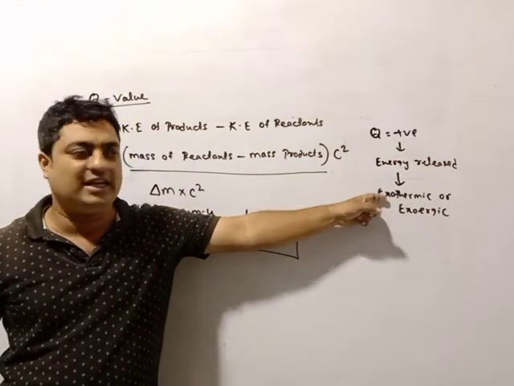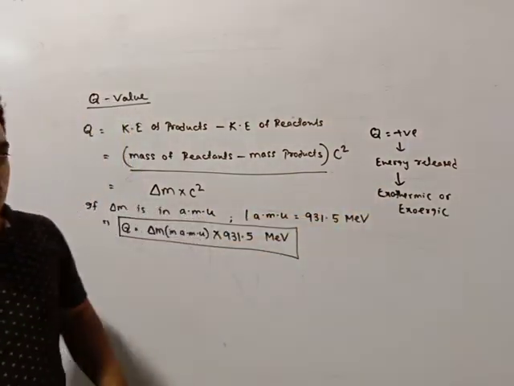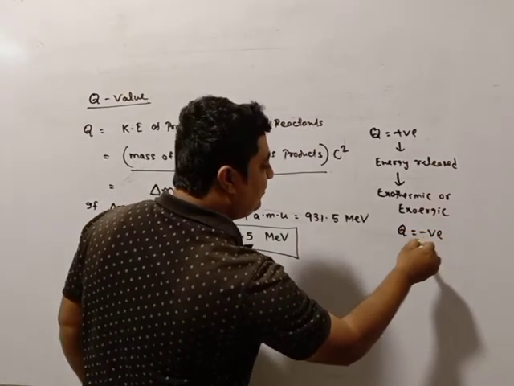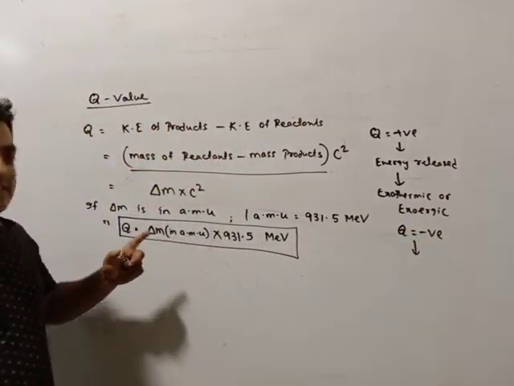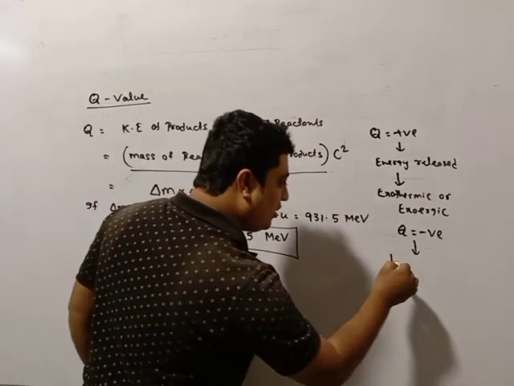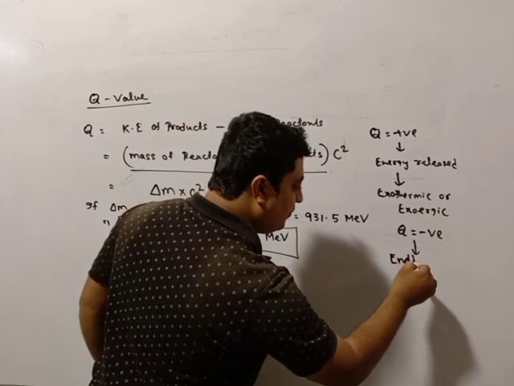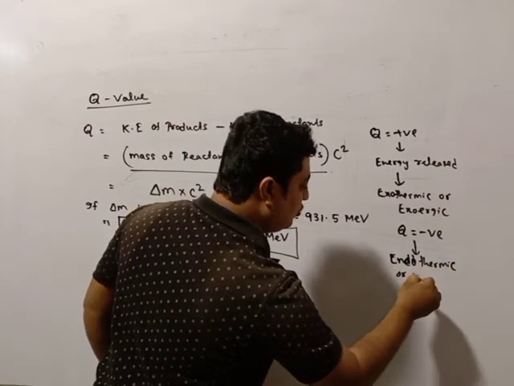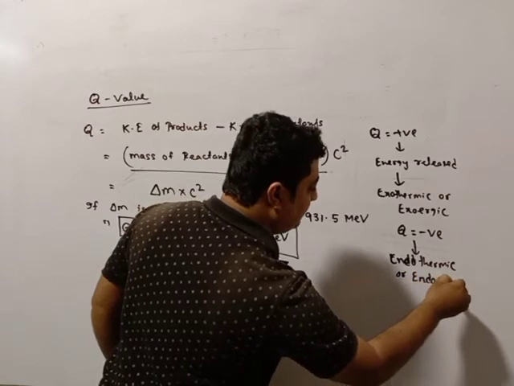Similarly, if Q is negative, that means energy is absorbed. So, the reaction is endothermic or endergic.